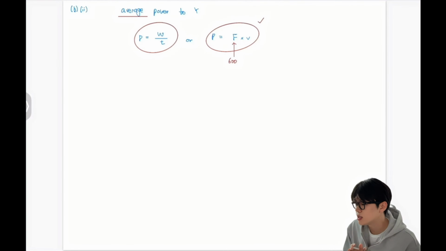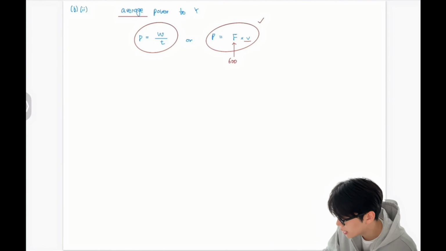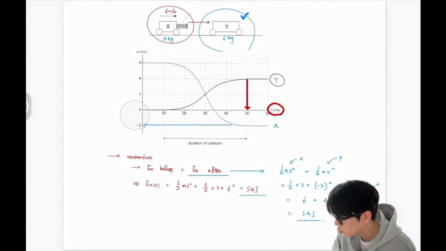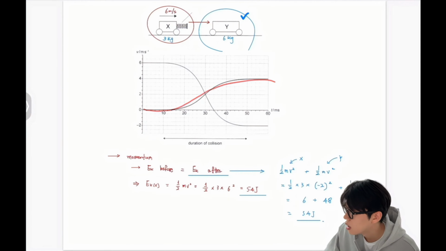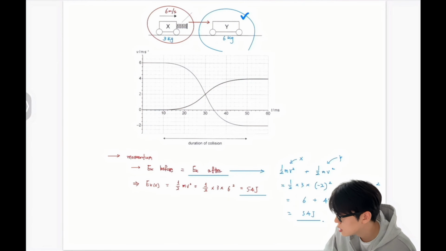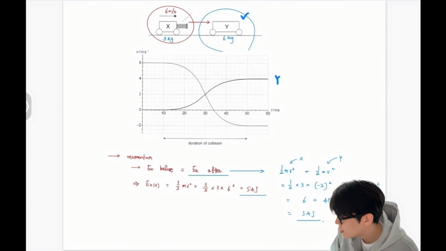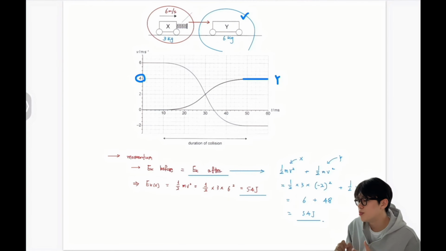And now we have to see what's the velocity for Y. If you go to this diagram, we also have to look at the Y one, which is this one here. But now we have to see what's the information for V, right? Some people might think V is this one, so they use 4 meters per second. But think about this: it is the average power, right?